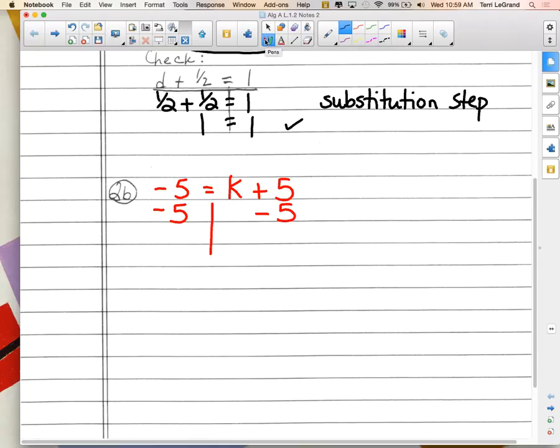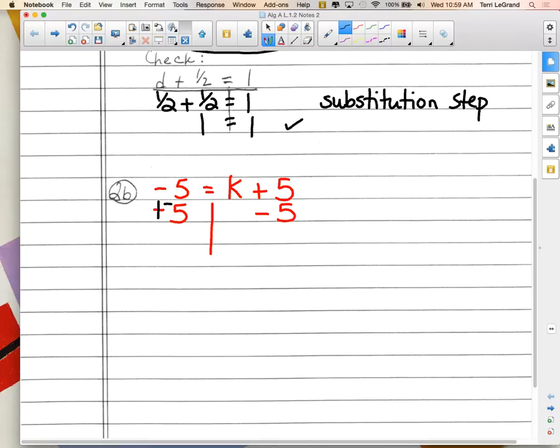We're going to change, this is negative 5, subtract 5. We're going to change this to add. The subtraction is going to become add, but now 5 has to become its opposite. What's the opposite of 5? Or in other words, which number is on the other side of 0, the same distance away? Negative 5.